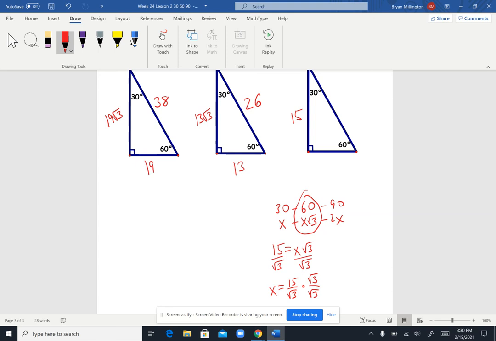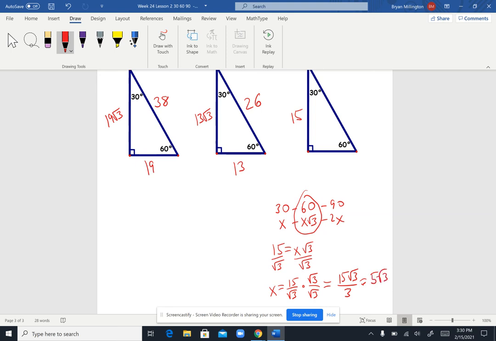When I do that, what I end up with is 15 root 3, and then on the bottom, root 3 times root 3 would be the square root of 9. The square root of 9 is just 3. In other words, the square roots cancel each other out, and you're just left with the number under there, which is, in this case, 3. So 15 root 3 divided by 3 is equal to 5 root 3.